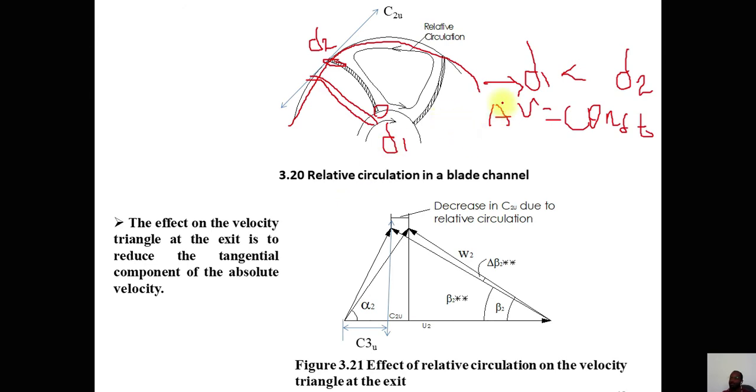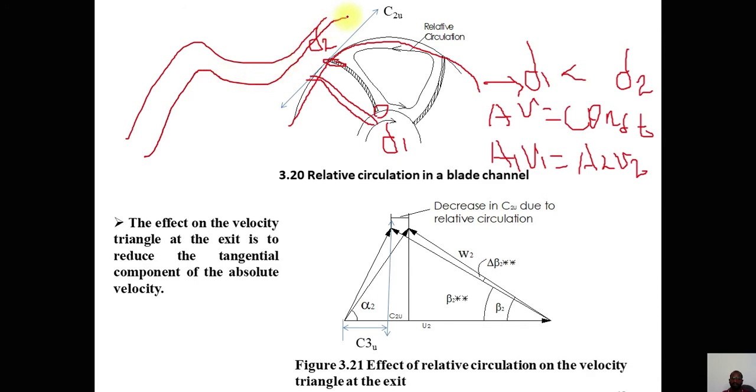Whenever there is high area, there is low velocity, and vice versa. Meaning that area 1, velocity 1 is equal to area 2 with that of velocity 2, whenever there is a flow inside a channel. This is a channel flow.